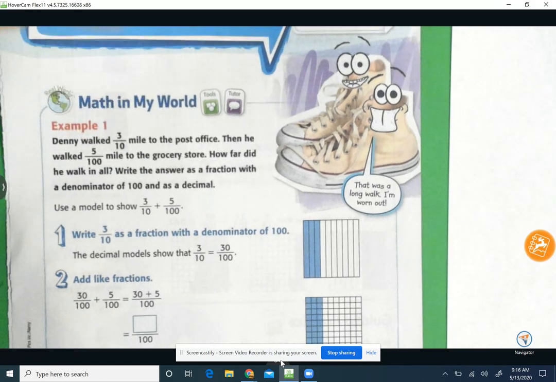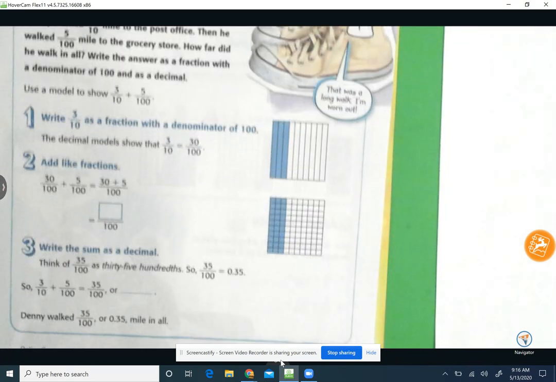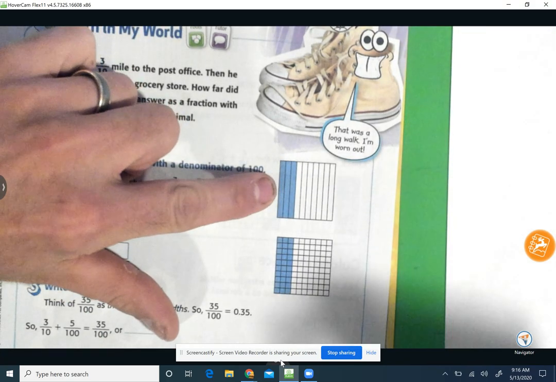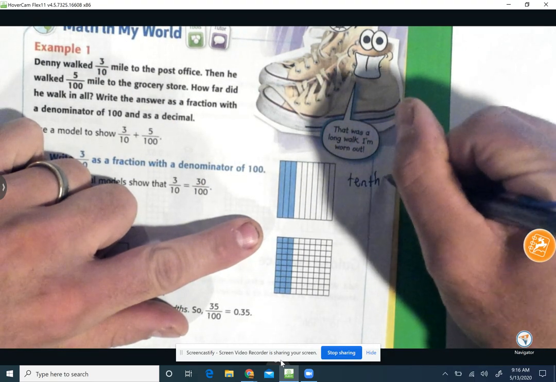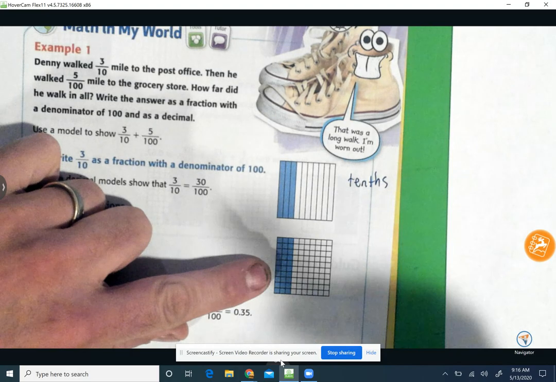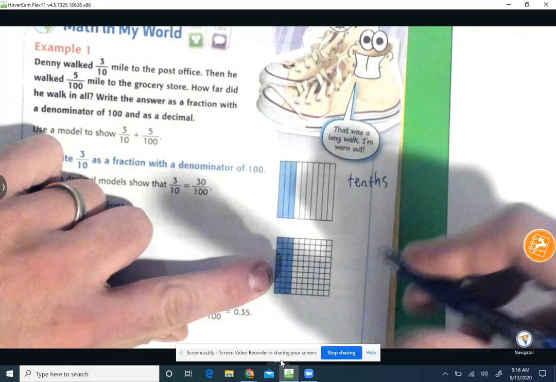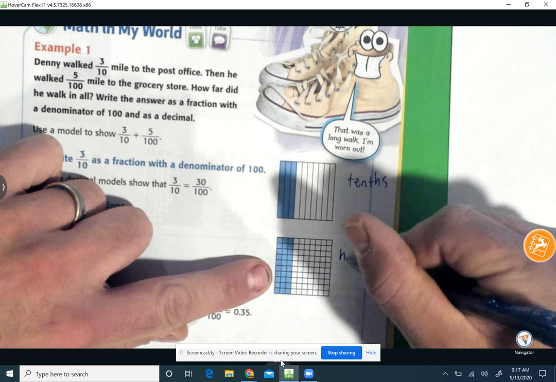Okay, so as a visual, what we see here is tenths, and right here on this grid we see hundredths.